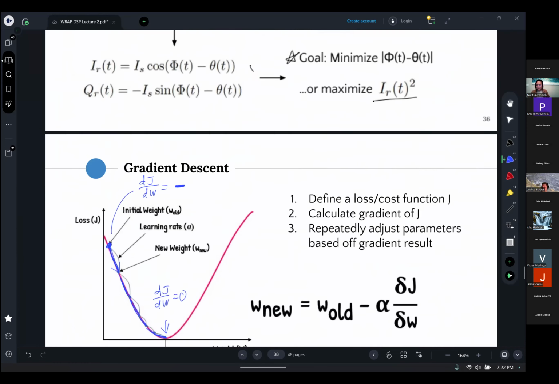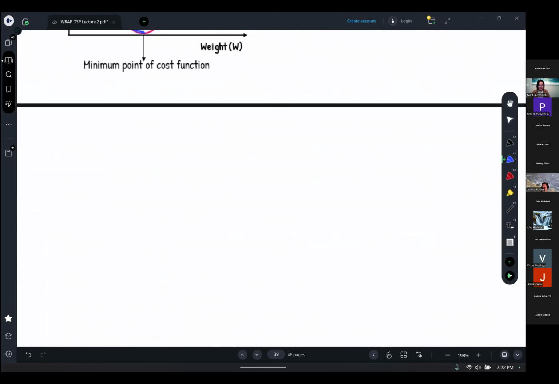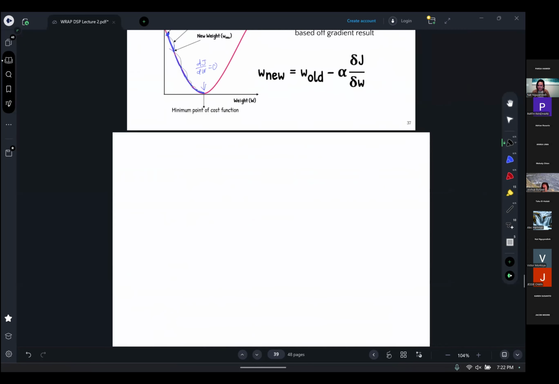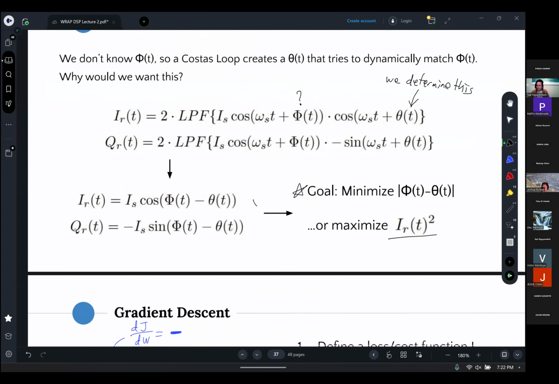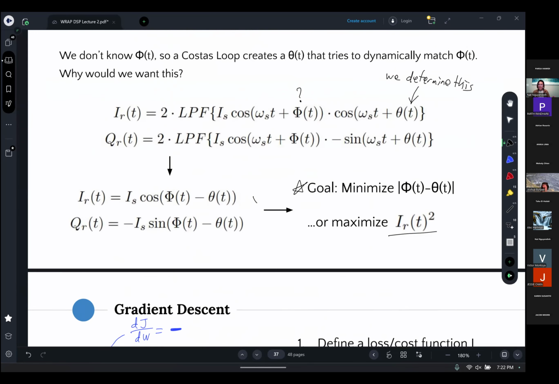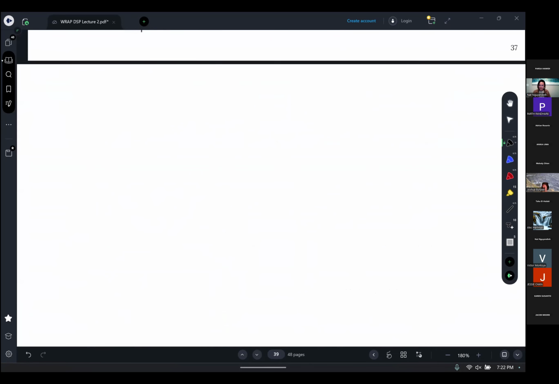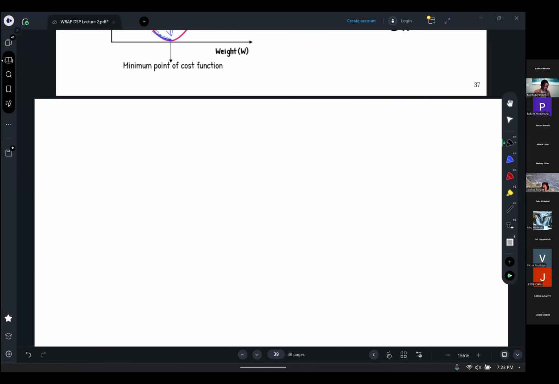Okay, so if I want to maximize I, oh sorry, this is maximize the I component squared, because this I component could be positive or negative. So squaring it is just an easy way for us to take out that negative. And then we'll see why this is especially handy in a second.